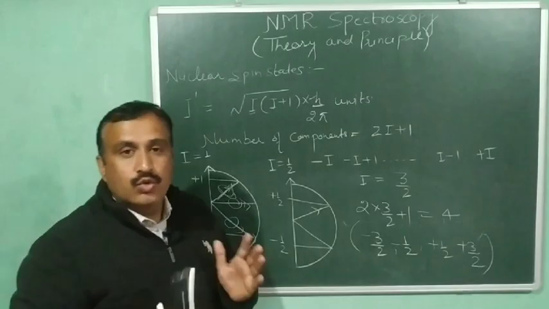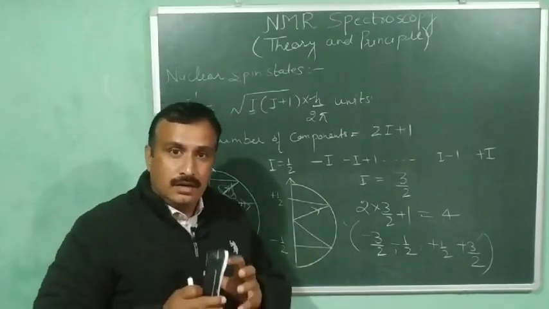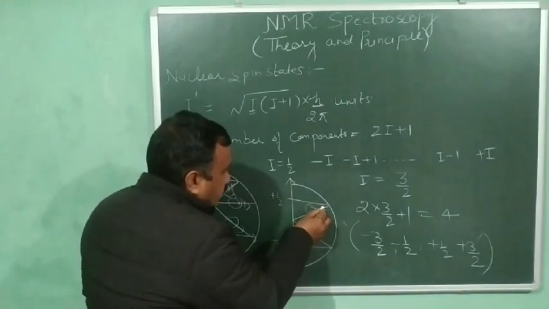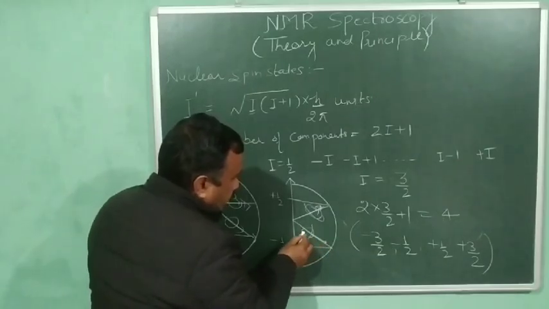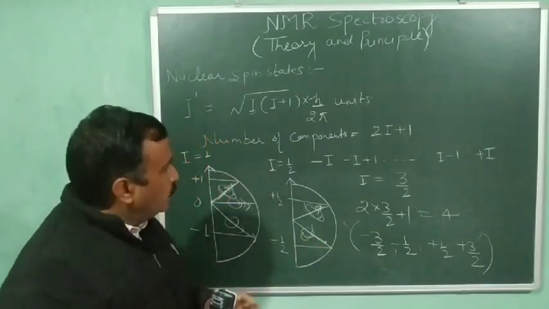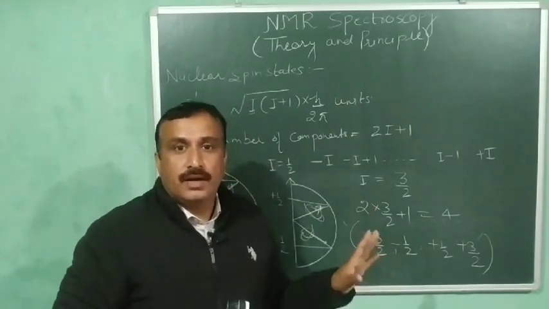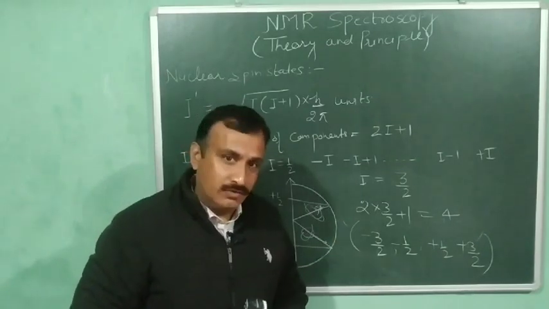Likewise, a nucleus having I equal to half can spin in 2 allowed directions, and these directions are these, that is the +half direction, and this is the -half. Okay, so these components of the angular momentum vector are called nuclear spin states or nuclear energy levels.